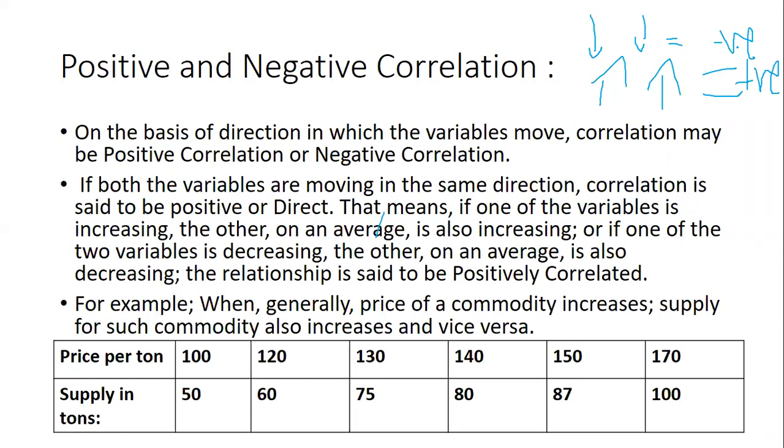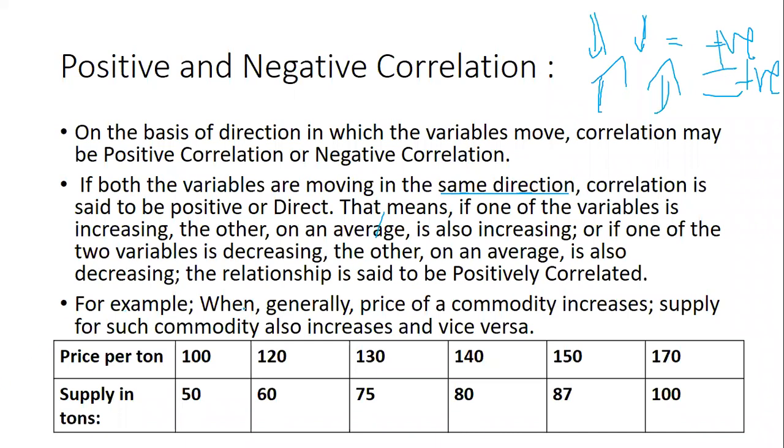So this is positive, where the variables are moving in the same direction. Now if you see here, they're talking about same direction, right? So if both are moving in the same direction, it is positive. Again, these both are moving in the same direction, again it is positive.